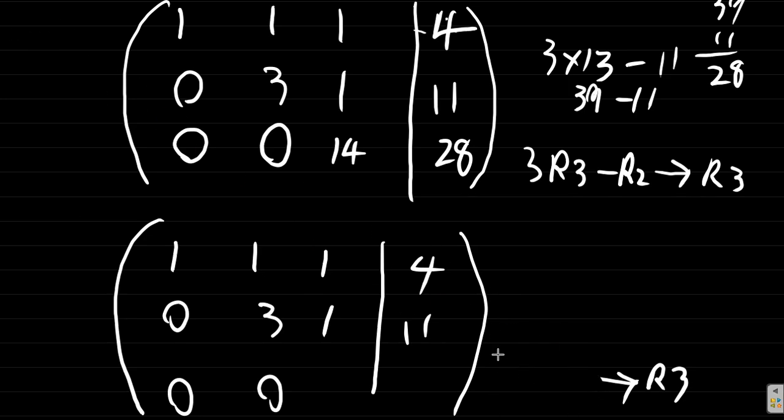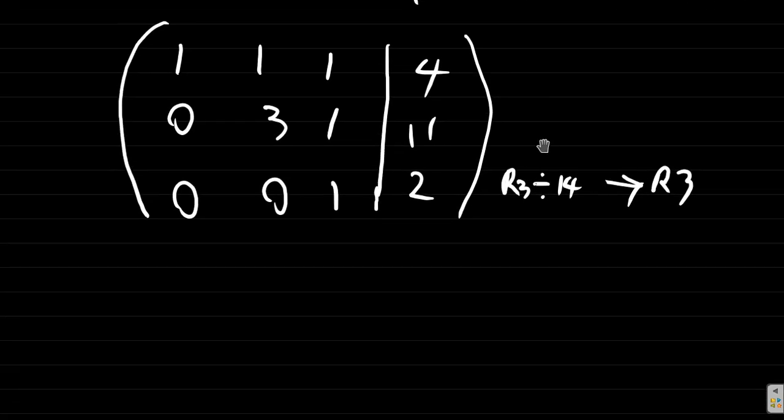Or we could say row 3 divided by 14. 14 over 14 is 1. 28 over 14 is 2. Nice. So we have smaller numbers here. All right.